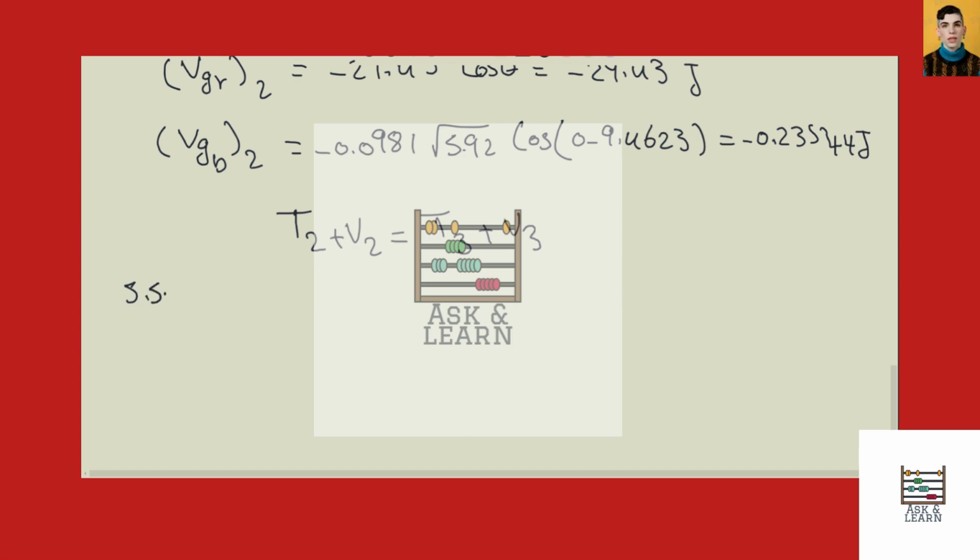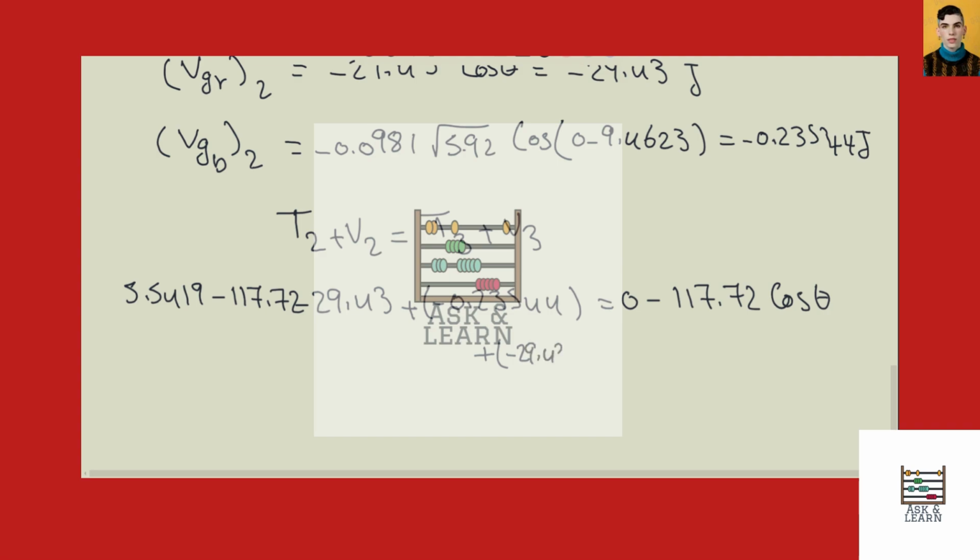So 5.5419 minus 117.72 minus 29.43 minus 0.23544 equals 0 minus 117.72 cosine theta plus negative 29.43 cosine theta plus negative 0.0981 root 5.92 cosine theta minus 9.4623.